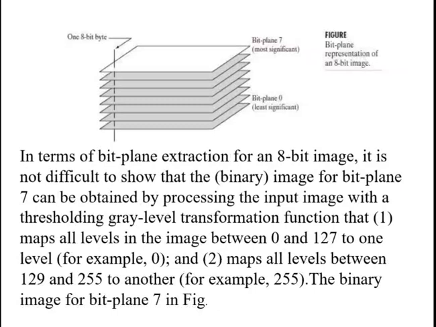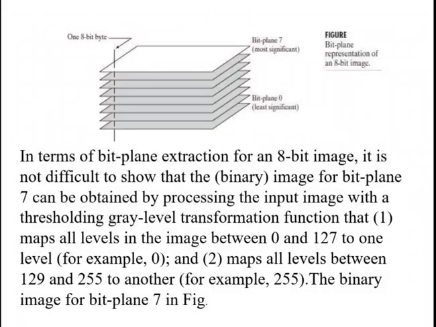In terms of bit plane extraction for an 8-bit image, it is not difficult to show that the binary image for bit plane 7 can be obtained by processing the input image with a thresholding gray level transformation function that maps all the levels in the image between 0 and 127 to one level, for example 0, and maps all levels between 129 and 255 to the other, for example 255. The binary image for bit plane 7 is shown in the figure.